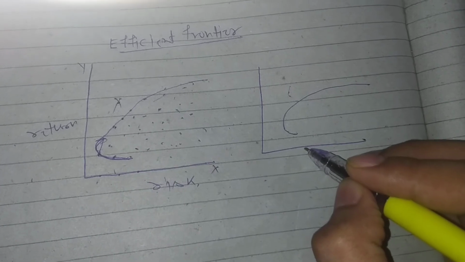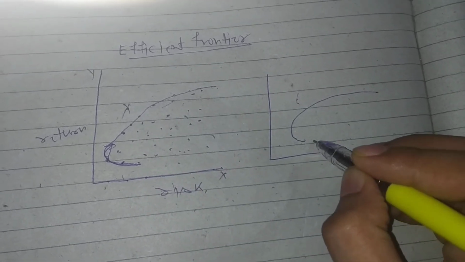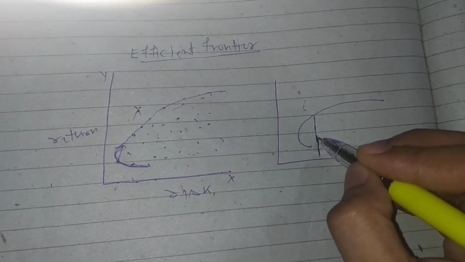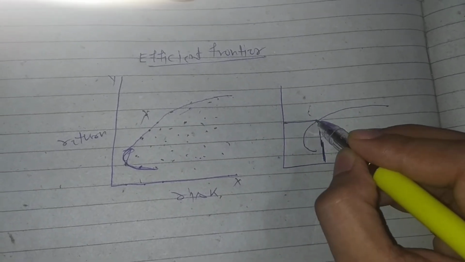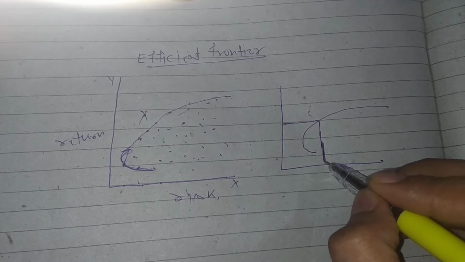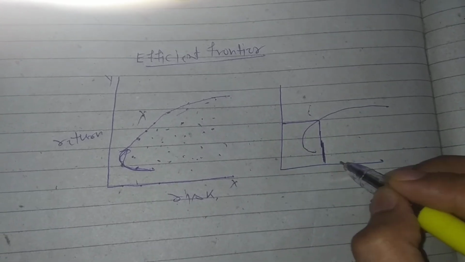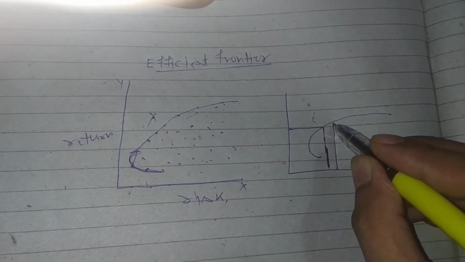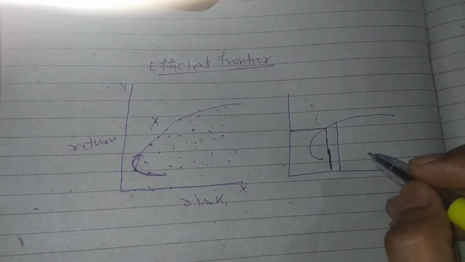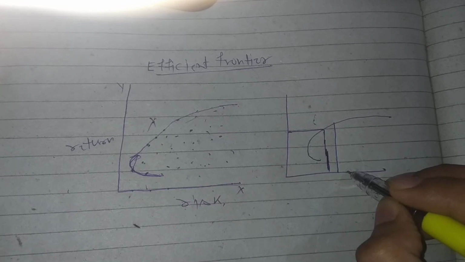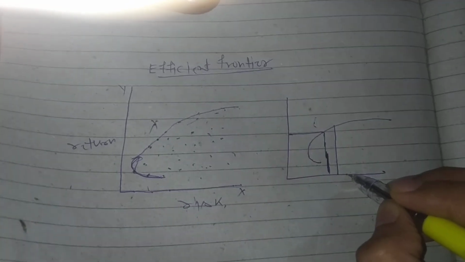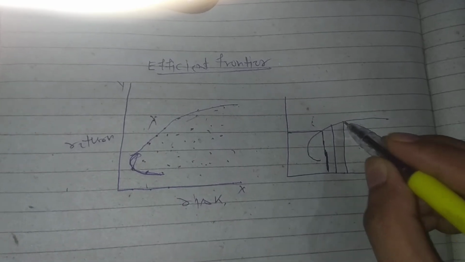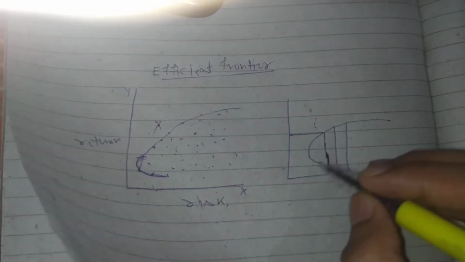You can take the example that if one person is taking this much of risk, then his return is here. But if he takes this much of risk, his return will definitely increase, but not that much, as the risk is increasing. Similarly, if he takes this much of risk, his return will again increase a little bit, but not that much.